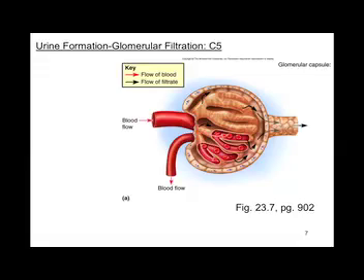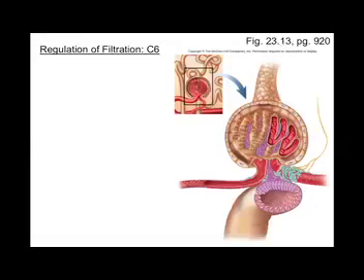Then we have the nervous system, specifically the autonomic nervous system, and that would be the sympathetic branch. What we see over here on this afferent arteriole is that there are smooth muscle cells that surround that afferent arteriole just as it becomes the glomerulus. And we see that sympathetic nerve fibers will innervate those cells.